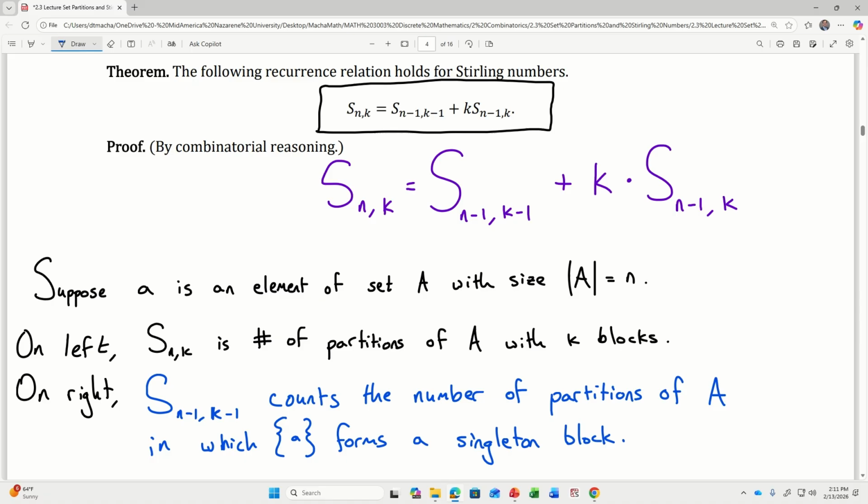So if I go ahead and make the choice that a is going to be a singleton block, then the number of ways I can partition the set A is this. It's just like a restricted way to partition it, okay?